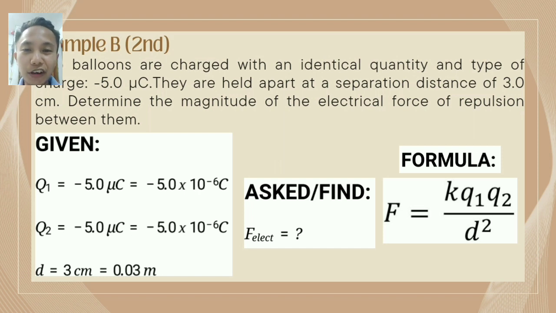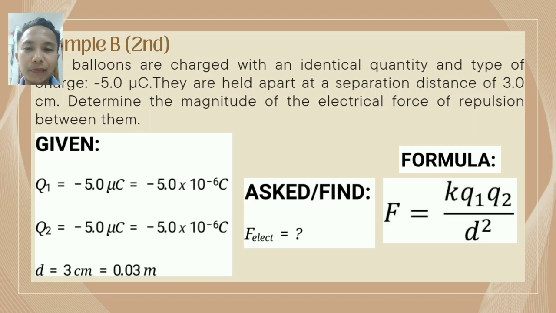The same as in the first problem, it is said that there are two identical negative charges, which means that the balloons possess, again, a repulsive force. So, now let's proceed to the GAPSA.